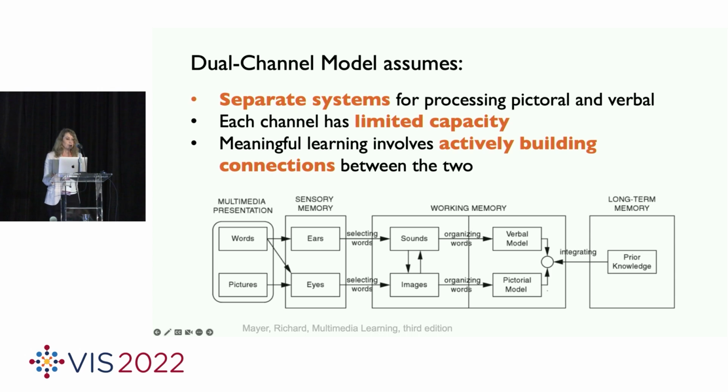What it assumes is that we have separate systems for processing pictorial and verbal information. So if you have words and you have pictures, they're going through both the eyes and the ears. But each channel has limited capacity, and meaningful learning involves actively building connections between the two. But it doesn't go beyond this to really explain the mechanisms and how this happens.